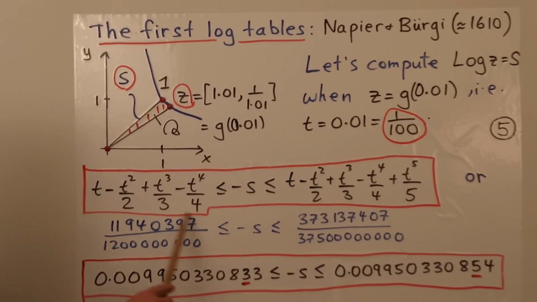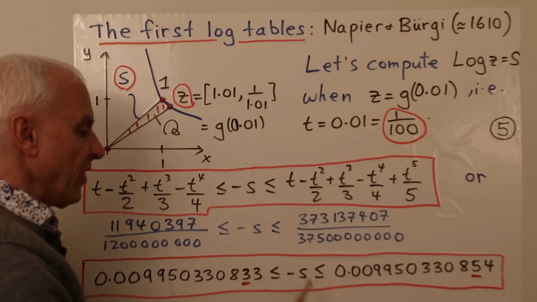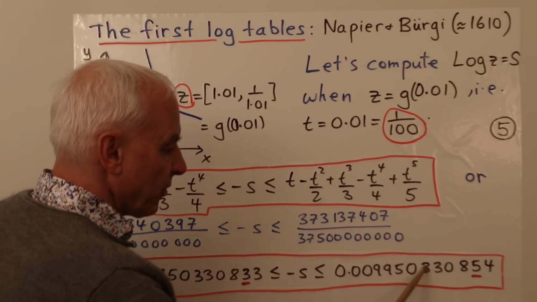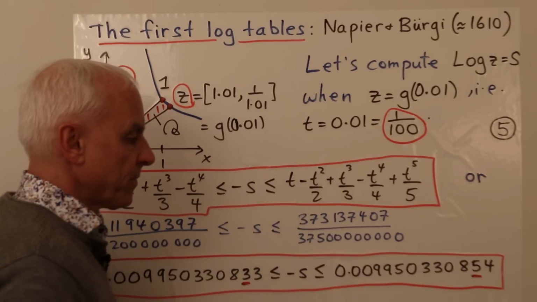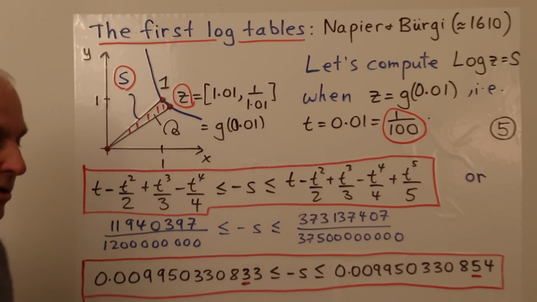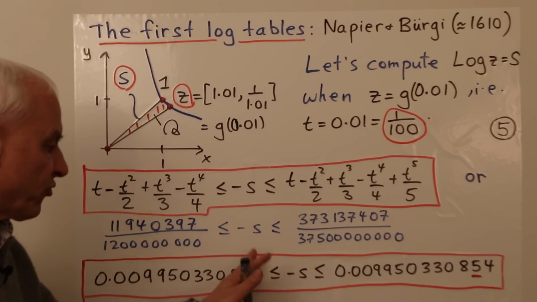So we calculate at least an approximate decimal expression here, and we get on the left-hand side 0.009950330833 less than or equal to minus s, which is less than or equal to 0.009950330854. Now, this decimal is not exactly equal to that fraction, okay, but there's something else we've truncated here.